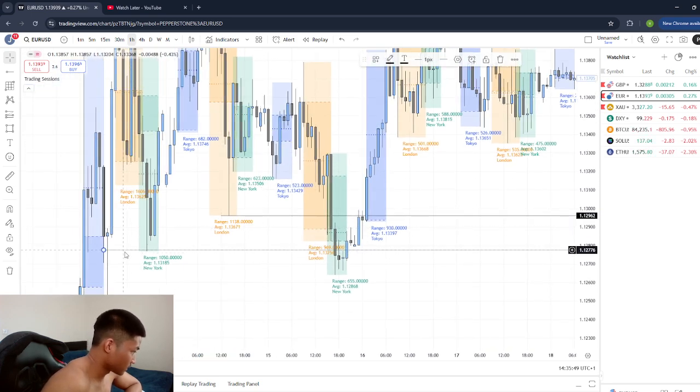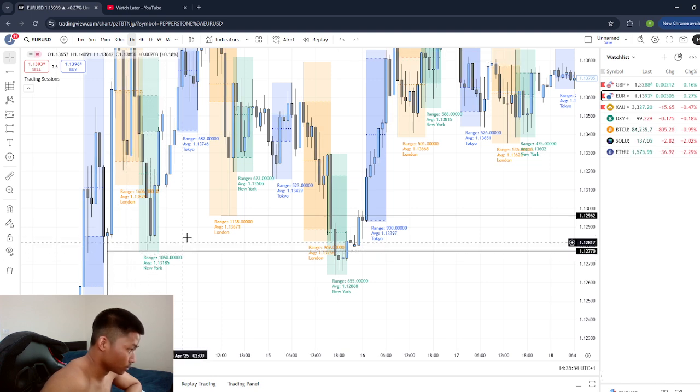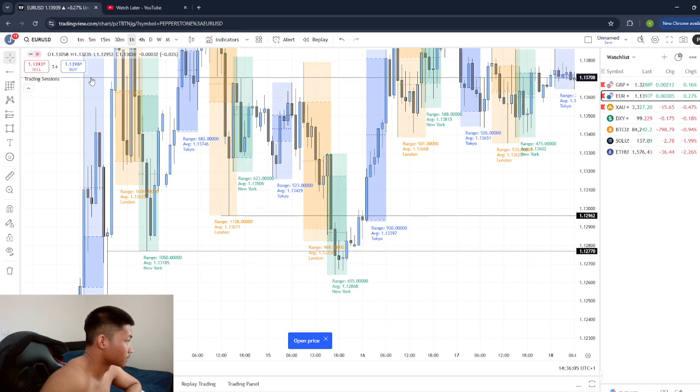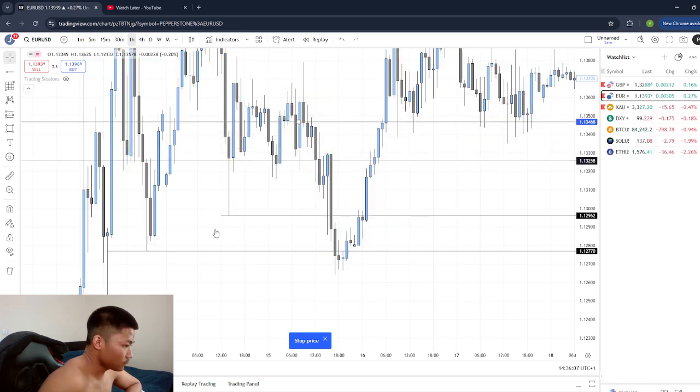I'll get into that in a sec. And we swept these New York lows. So session lows, session highs is where it's at. I'm going to turn this indicator off because it is a little confusing. But yeah, you see, we swept these lows.